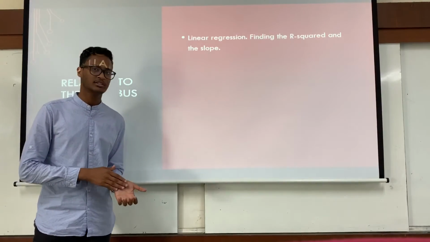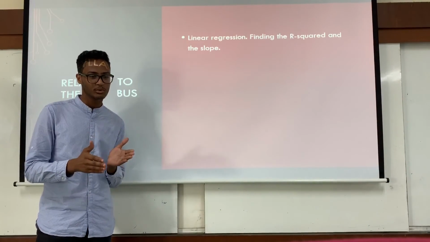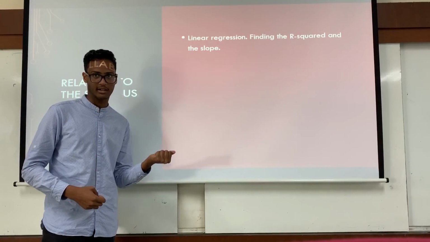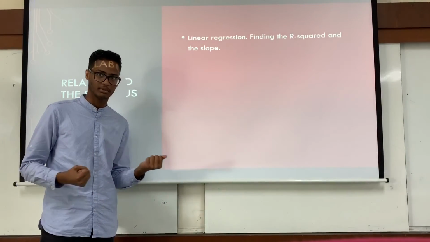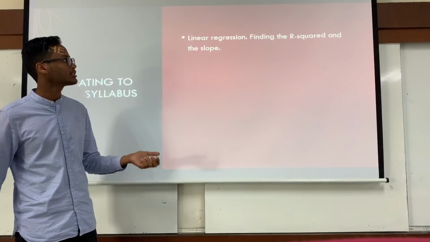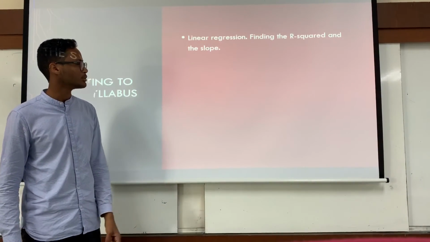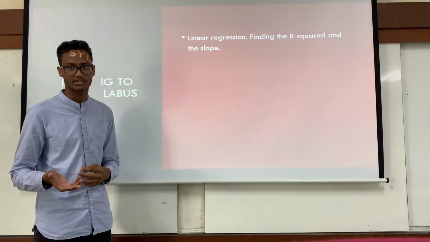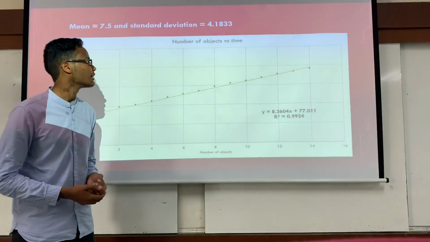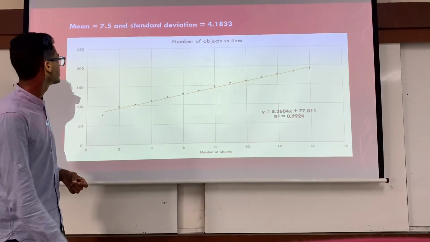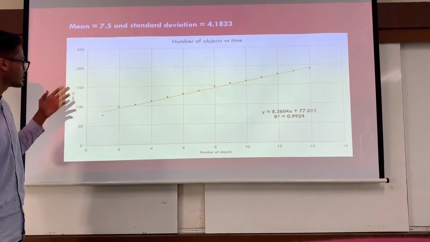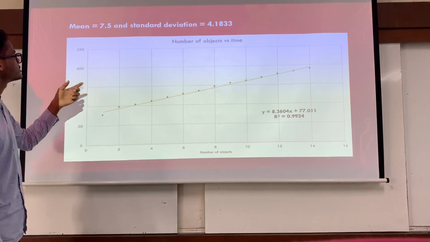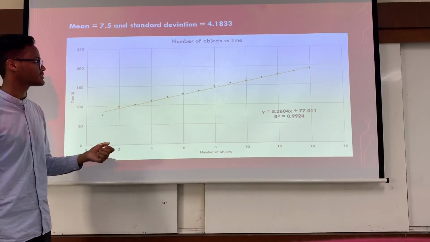Linear regression is used to compare the independent variable to the dependent variable, and we can find the R squared, which is usually better if it is more than 0.995, or 0.95, I'm sorry. Here we can see the result for the first experiment, which is the number of objects versus time.